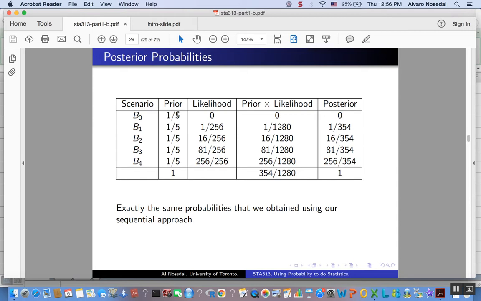So the main ingredients to do Bayesian statistics are the following: a prior distribution for that parameter of interest, in this case a prior distribution for the proportion, and a likelihood that can be thought of as a conditional probability, where what we obtain is the probability of observing our data given a particular value of the parameter. And then to find the posterior probabilities, we apply Bayes' theorem.